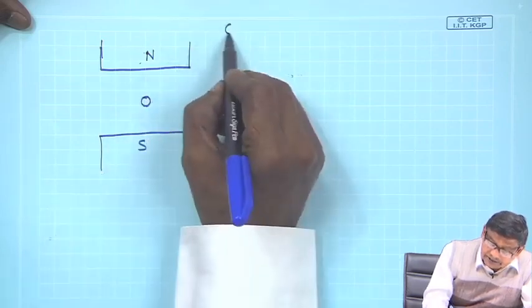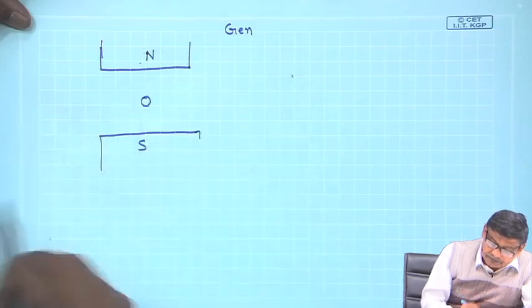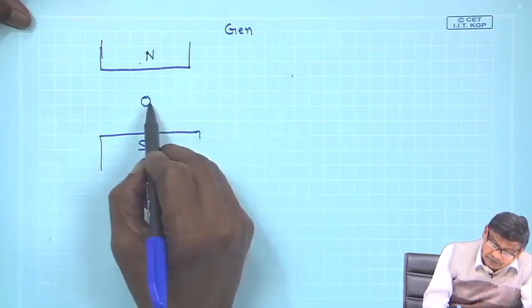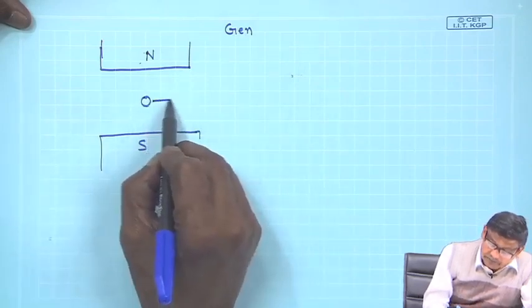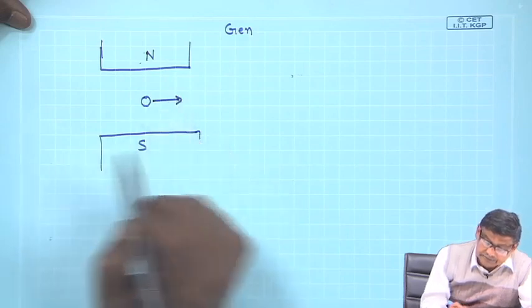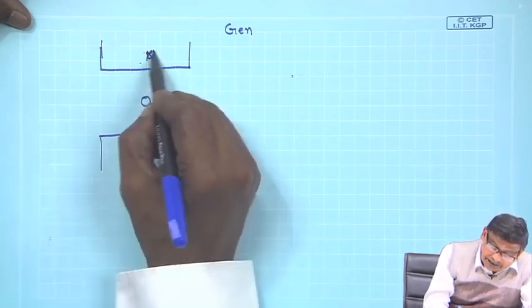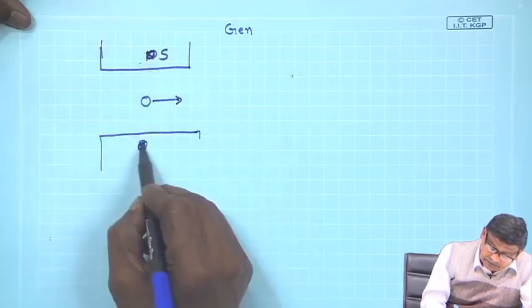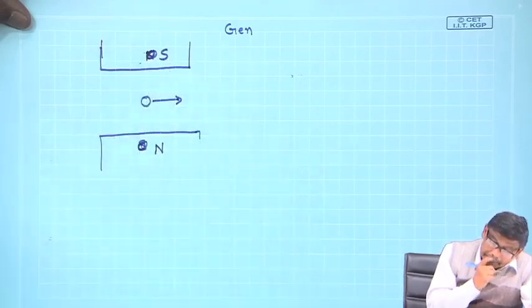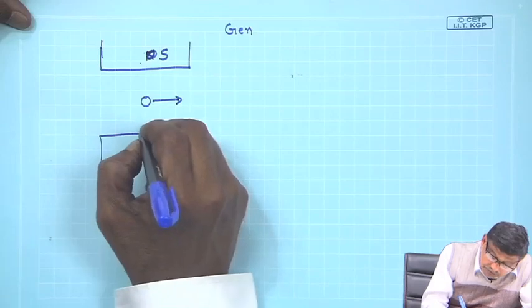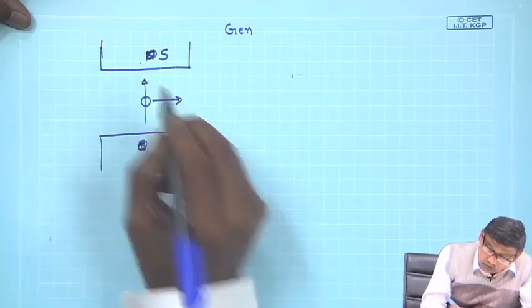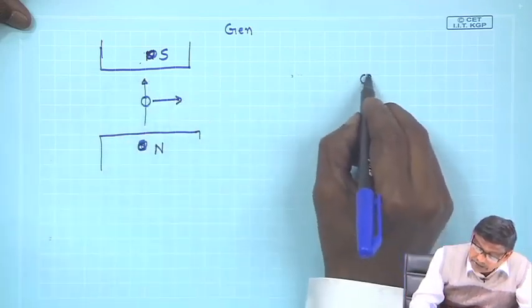Let us consider generator mode of operation, and suppose it is moving like this. I will make it south and north like this. So, lines of force is this one. So, my simplified diagram will be like this.